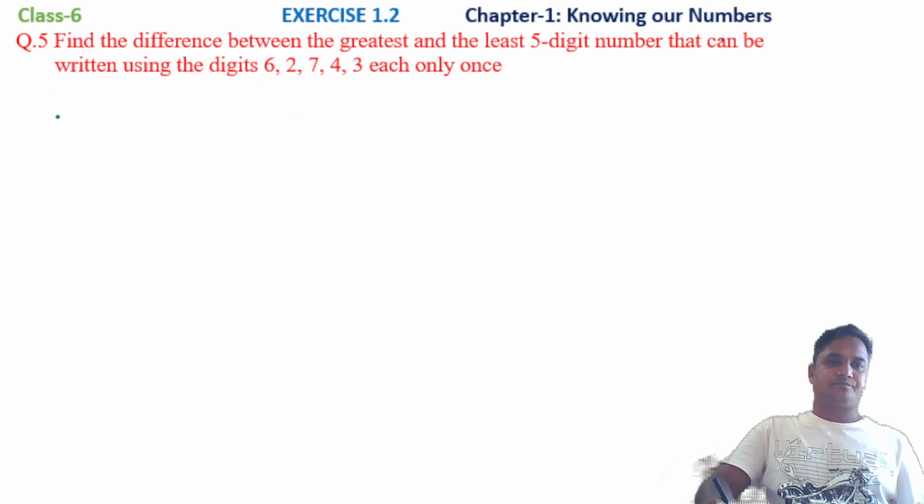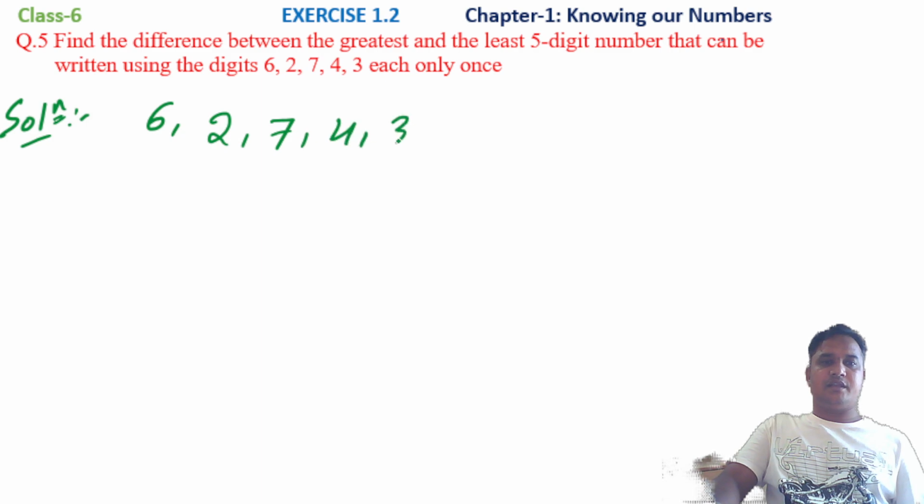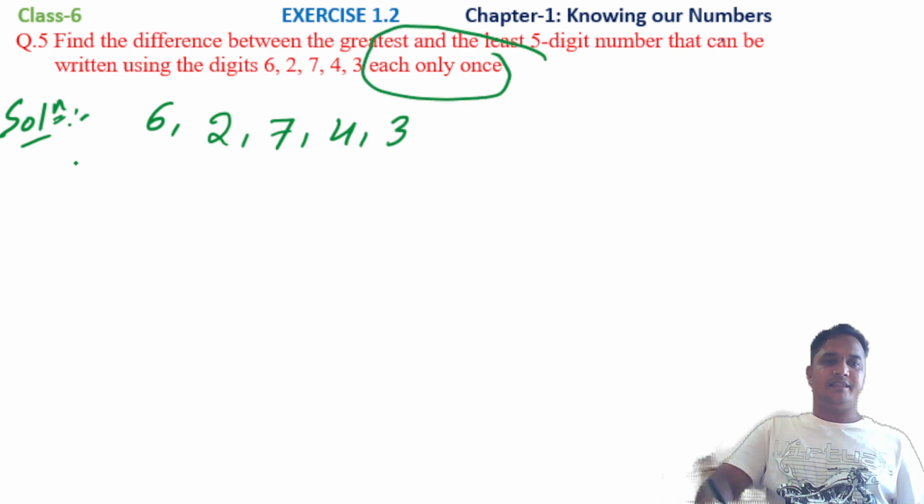First, write using these digits, which are 2, 7, 4, and 3. What is the condition? Once we do this, first we'll write the greatest 5 digit number.